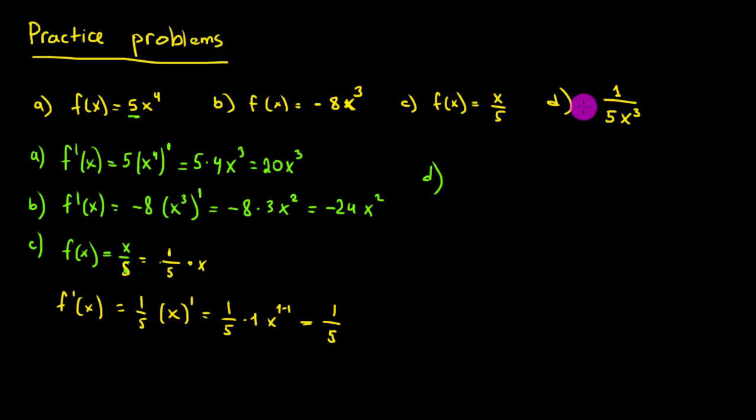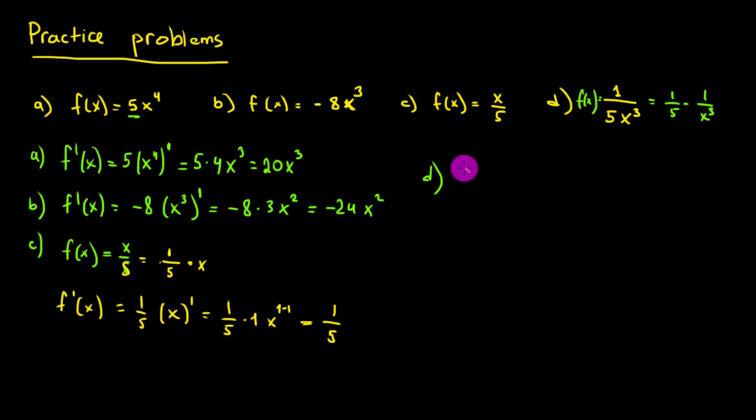Here it's the same. Okay, I forgot the f(x) here. So the coefficient k is 1 over 5, and then you have 1 over x cubed.